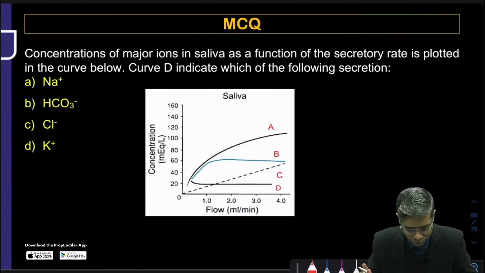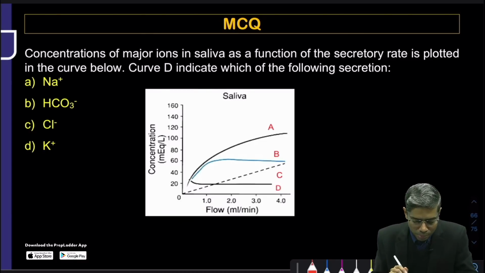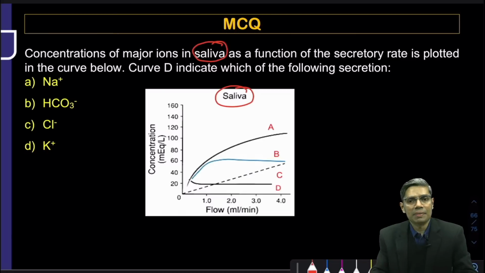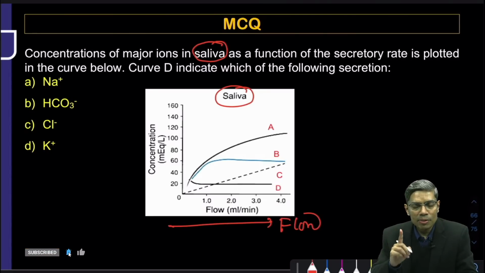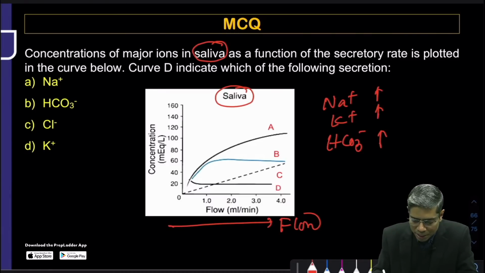Okay. Now few more questions are coming. Concentration of major ions in saliva. So this is salivary secretion. Whenever there is increase in flow of saliva, there will be increase in all ions like sodium ion, chloride ion, bicarbonate ion, all will increase.